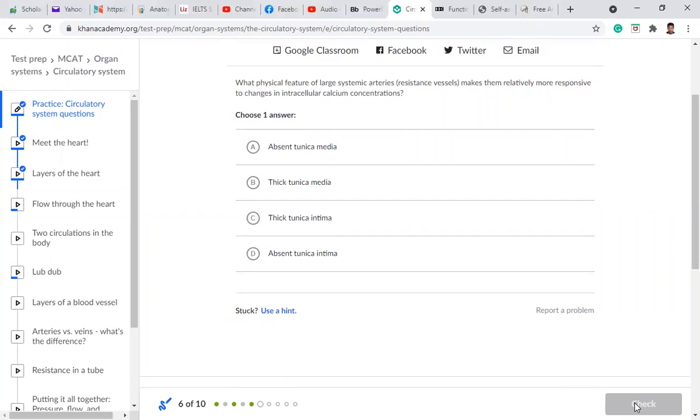I didn't teach it, but I mentioned it passively, when we were looking at the anatomy of the histology. We looked at the histology of the artery and the vein, and we saw the difference in the tunica media. So what do you think would be the answer for this one?